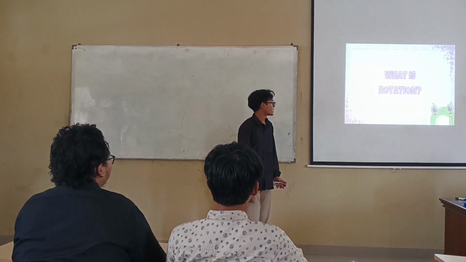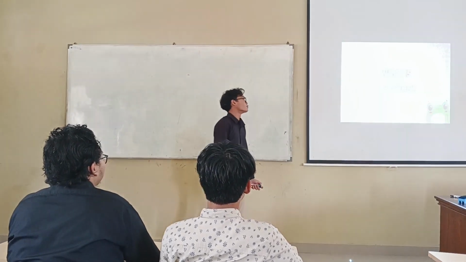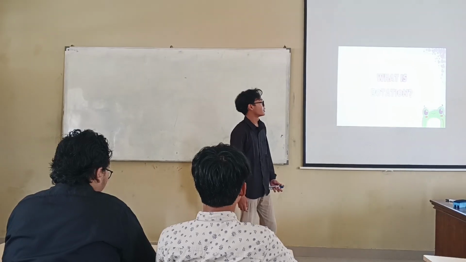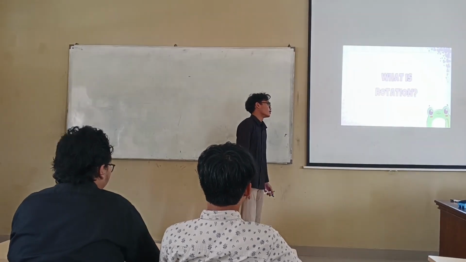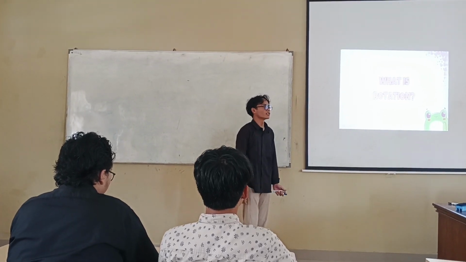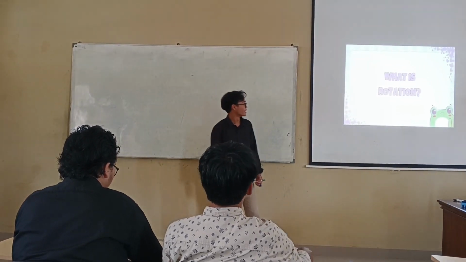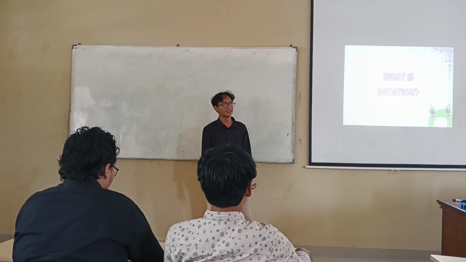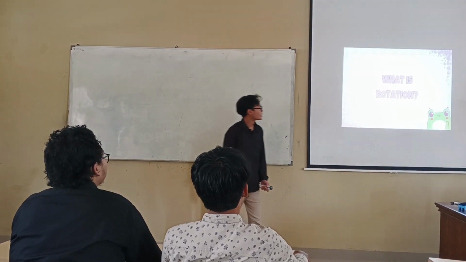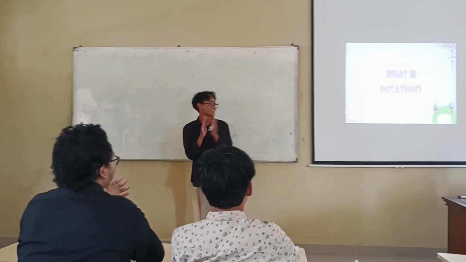Okay, it's a great answer. Changing the position of a shape or a point. And what do you think when I say rotate or rotation? Like the moon around the earth. Okay, it's a great answer, Farhan. Give some applause for Atta and Farhan.